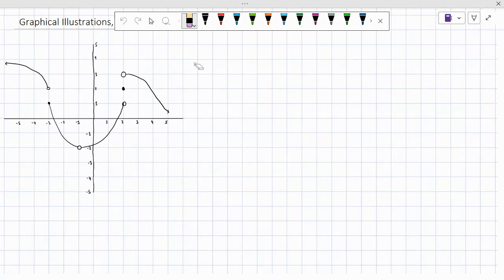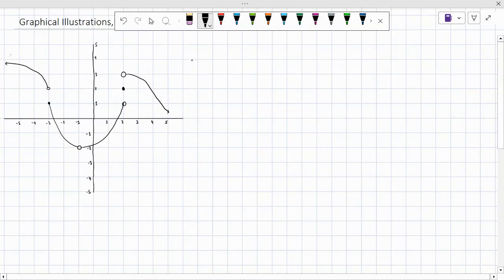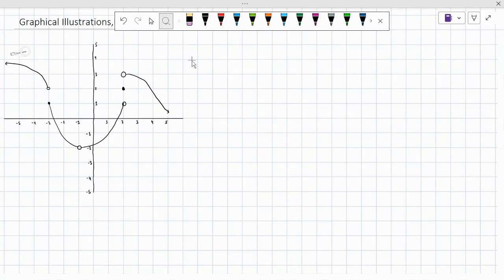Let's start over here. I'm going to be looking at this little jump in the graph first. If we read this graph from left to right, as we approach from the left, we see that the graph is approaching a y value of 2.